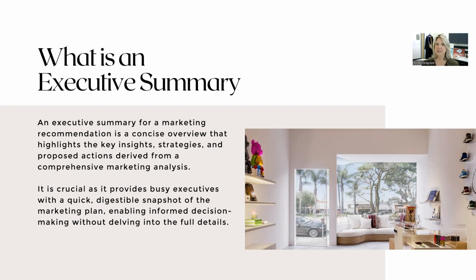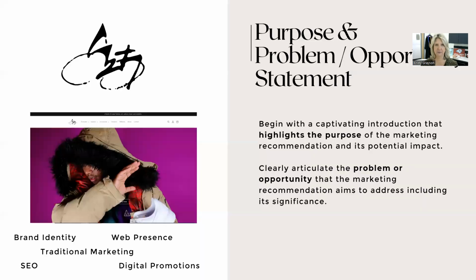The reason we do this is because decision makers are busy people. Sometimes they have short attention spans, and this gives them enough meat where if they see something, they might ask you some questions about the plan, or they might take a look at the overall plan. But we want a piece that will get them to move to some sort of action step to take to the next level.